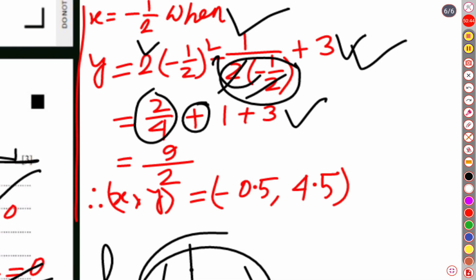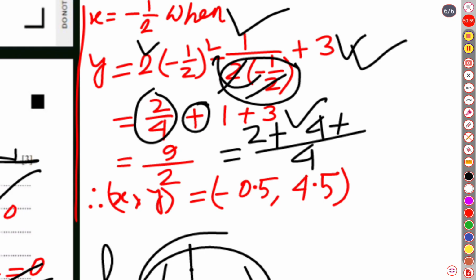So ultimately, 2 over 4 plus 1 plus 3, in extended form, it is going to be 18 over 4. 18 over 4, if we divide both by 2, is going to be 9 over 2.